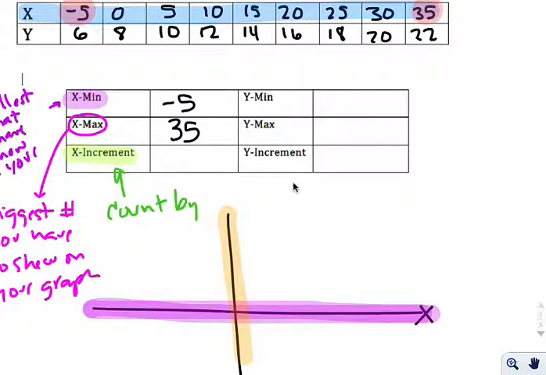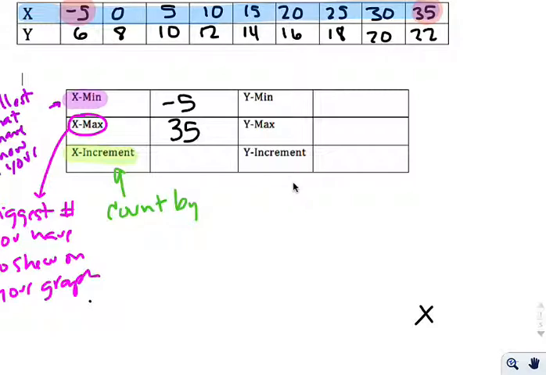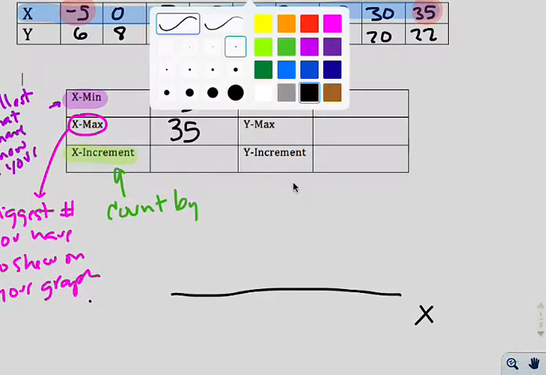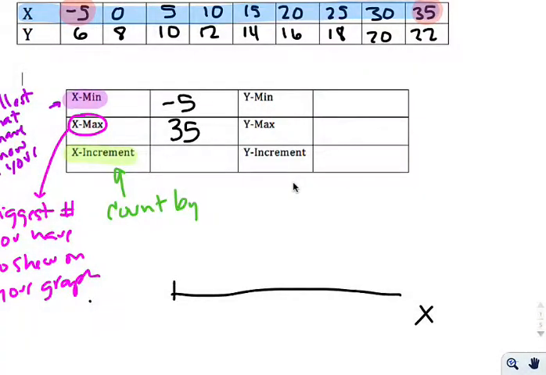So 5 and 35 are totally fine, but if I want to cut my graph off at 5 and 35, so here I have my x-axis, and I want to put 5 on this end, and then 35 on this end, well, that means I'm probably going to have a value that's right on the edge of the graph.